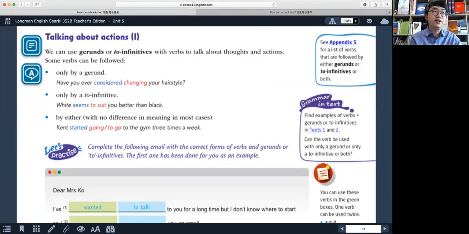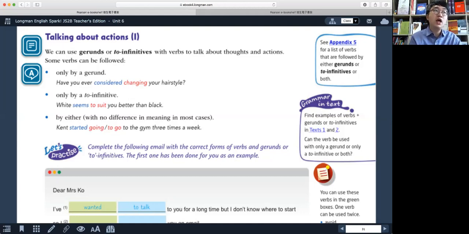So we have this sentence. Have you ever considered changing your hairstyle? Remember, as it states here, it can only be followed by a gerund, but not a to-infinitive.